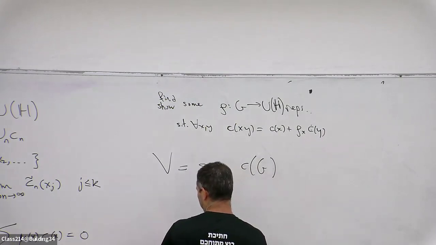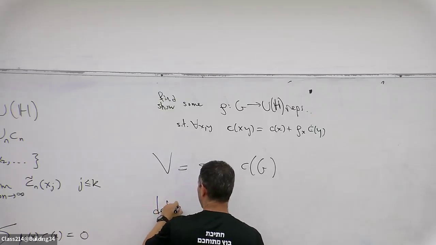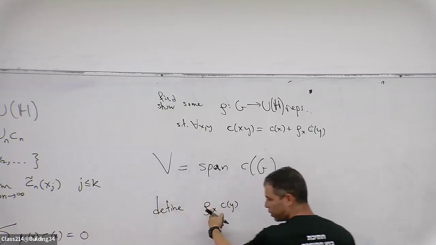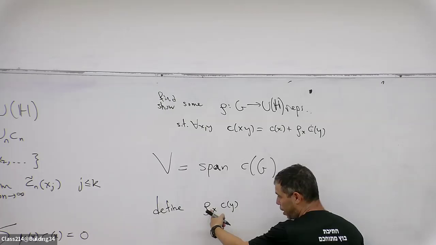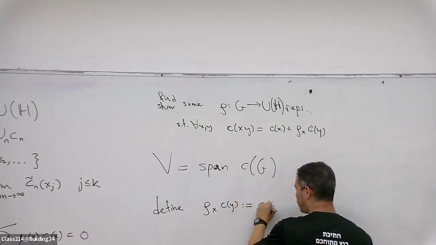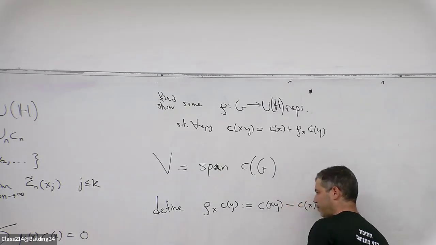So first, how do we define it on G? Define rho x of Cy, an operator acting on a vector. We just define this to be Cxy minus C of x.